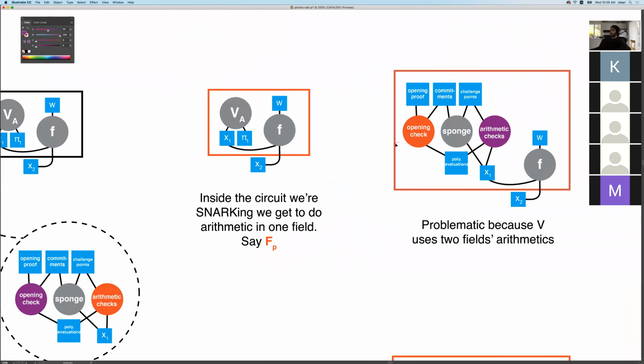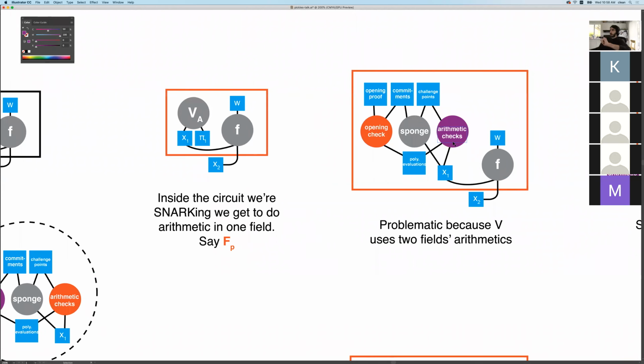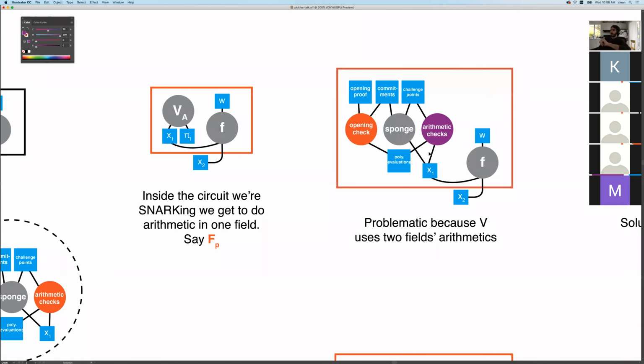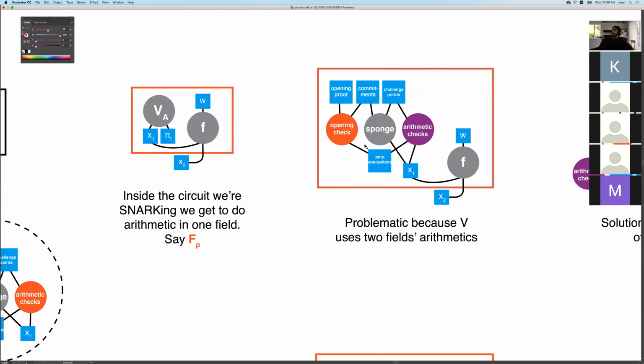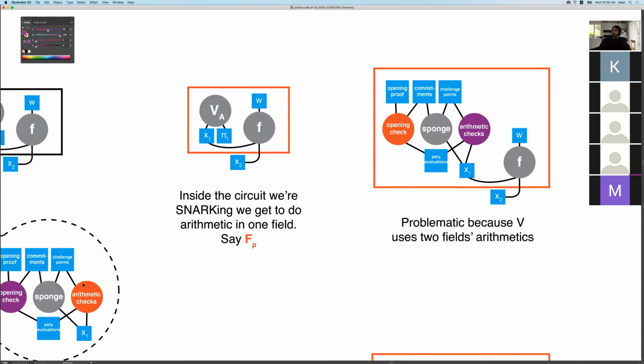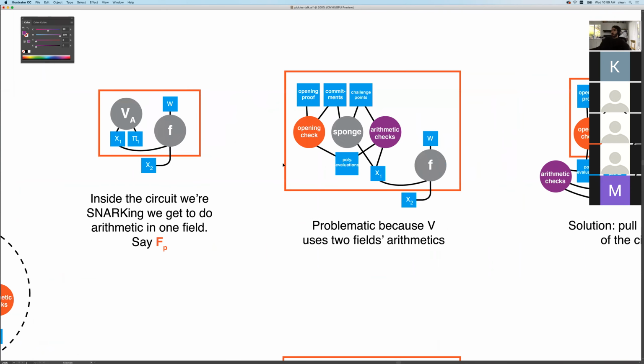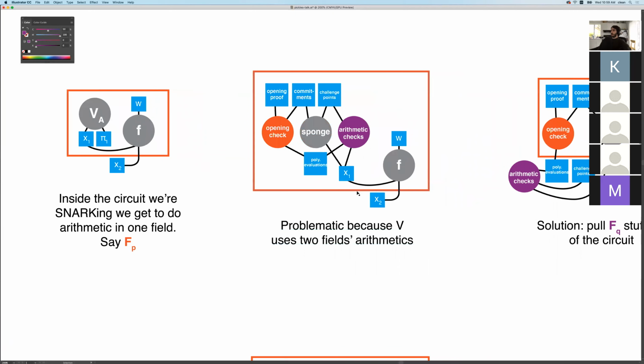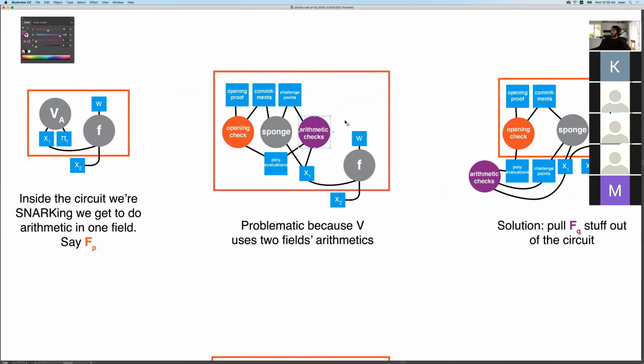So if we open up the snark verifier, that's problematic because, oh, I guess I already swapped the colors. Okay, that's okay. If we inline that verifier, it's problematic because we need to be able to perform computation in both FQ for the opening check, sorry, FP for the opening check and FQ for the arithmetic checks.